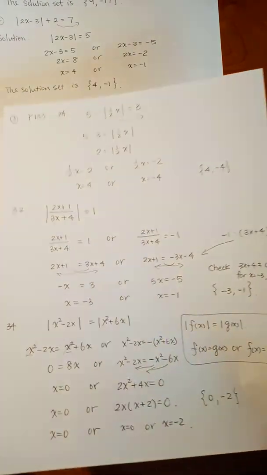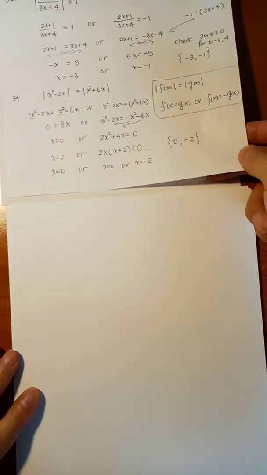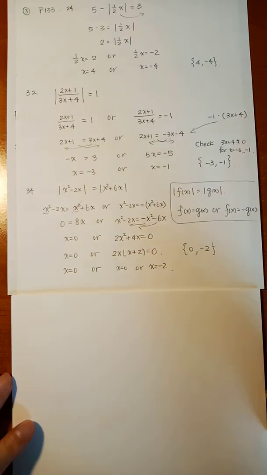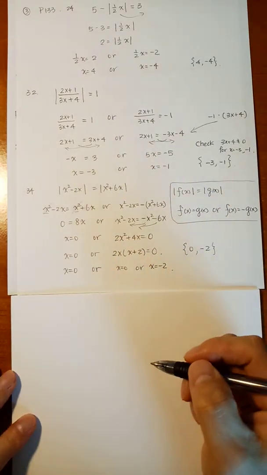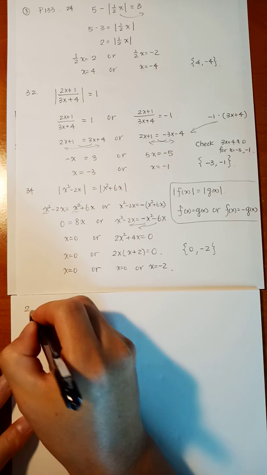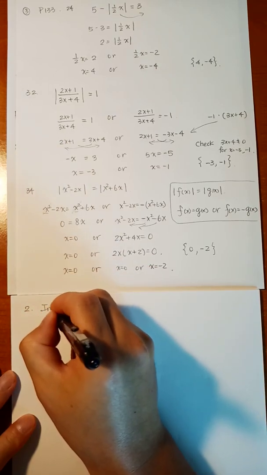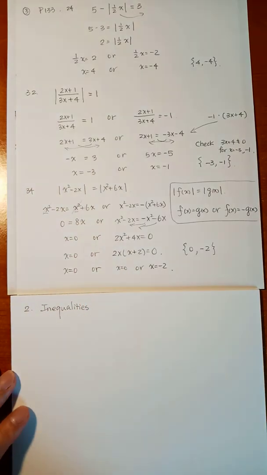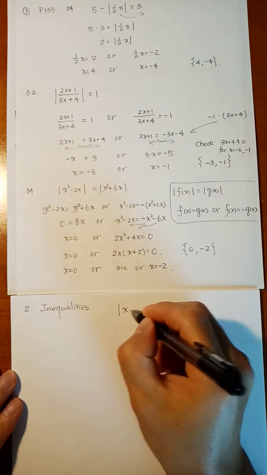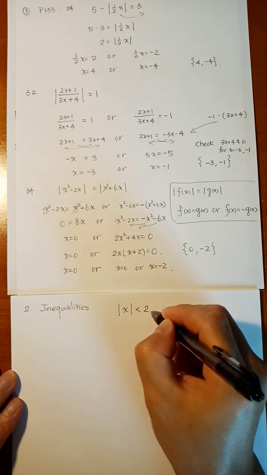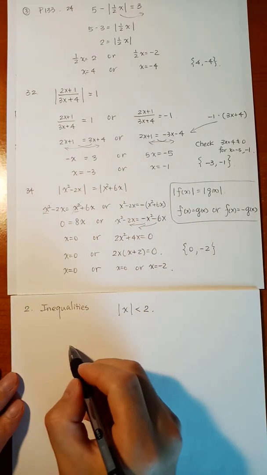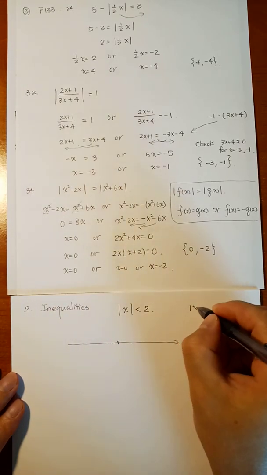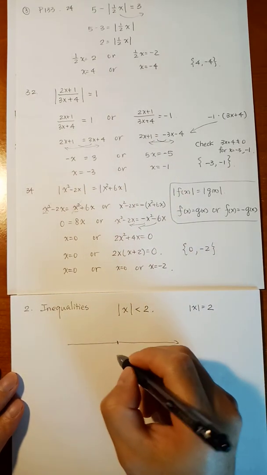Okay, so this is an equation involving absolute value. Well, let's see the inequality. Inequality, the first thing, let's check what is absolute value of x less than 2. Remember, in the number line, first, let's study what is absolute value of x equal to 2.